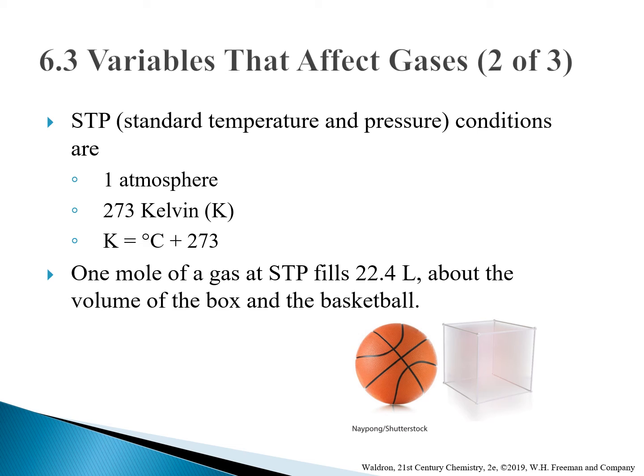The conversion between Kelvin and Celsius is given as K equals degrees Celsius plus 273. The STP pressure is defined as 1 atmosphere. Regardless of what kind of gas particle, 1 mole of gas at STP fills 22.4 liters of space.